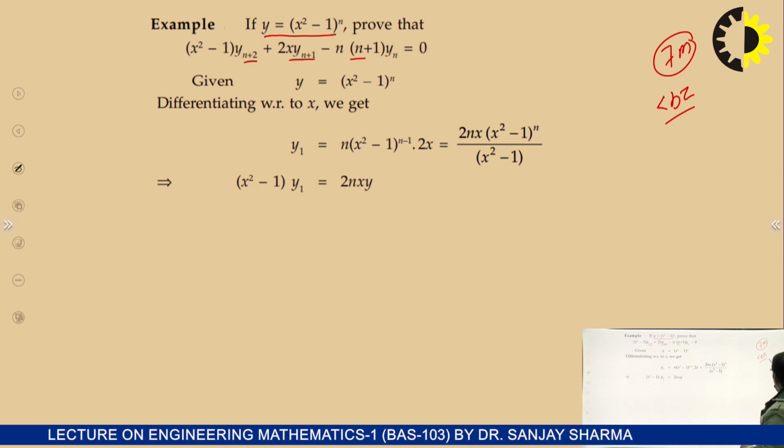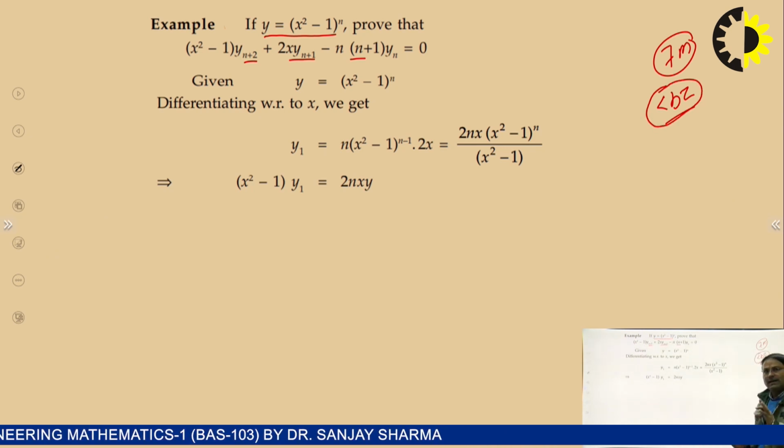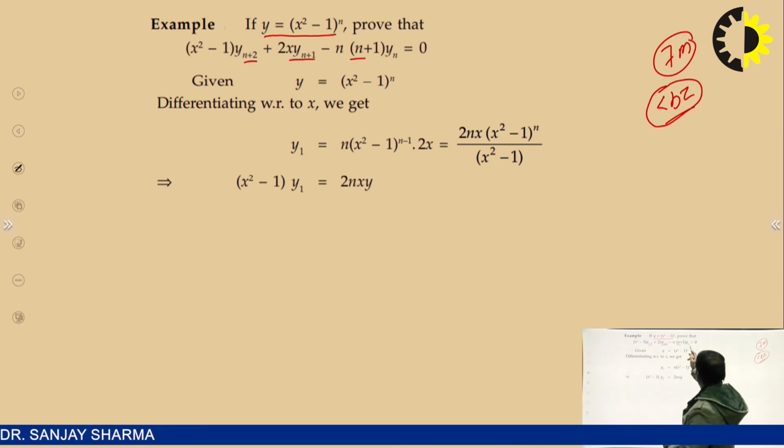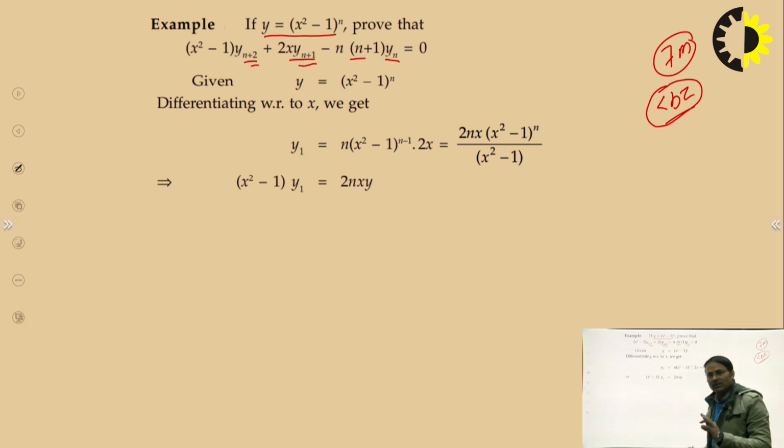Every question which is going to be handled by the Leibniz theorem, always, mostly, mentions these 3 notations. Whatever the question that is solved by the Leibniz theorem, its answer must contain yn, then yn plus 1, then yn plus 2.